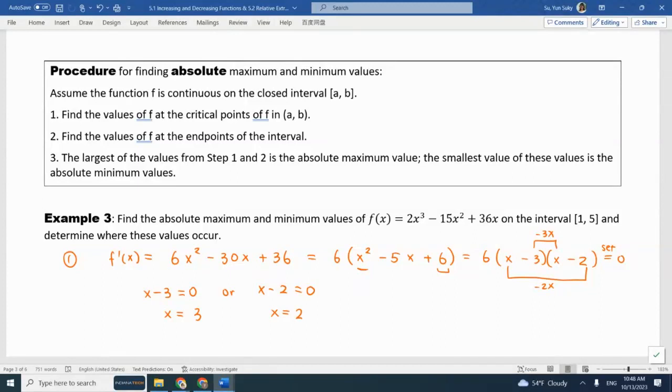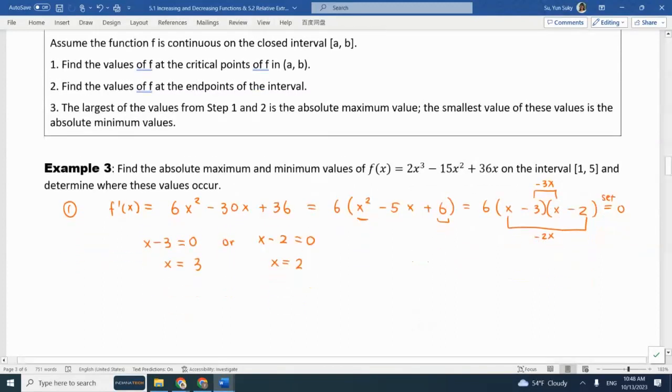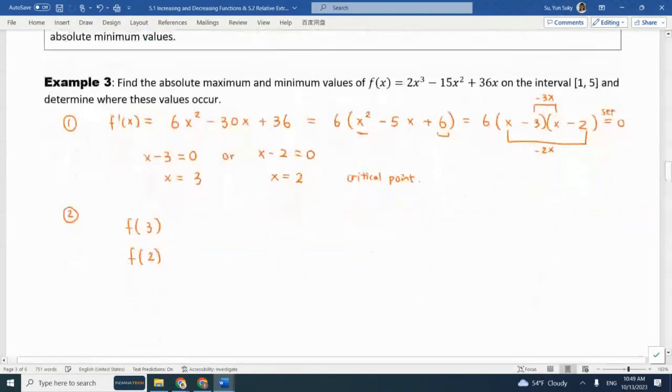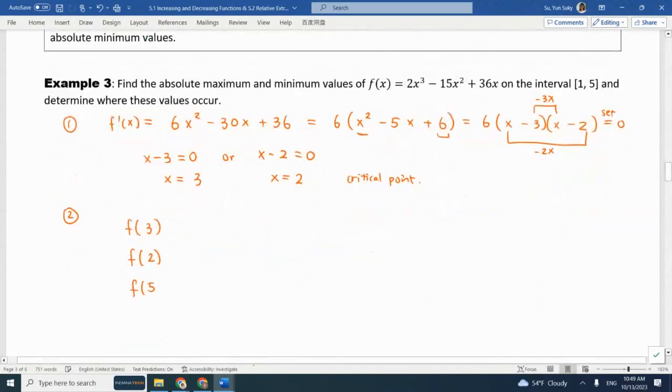So step one, find the critical points. They are critical points. So they're both critical points. And then step two: we want to find the f values at the critical points and the endpoints. So my critical points are 3 and 2, and my endpoints are 1 and 5.